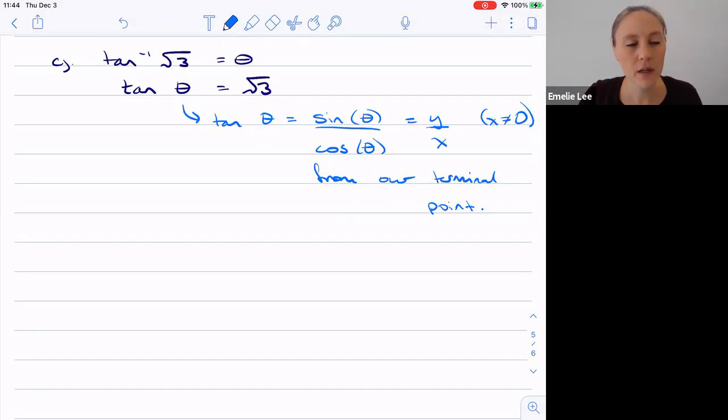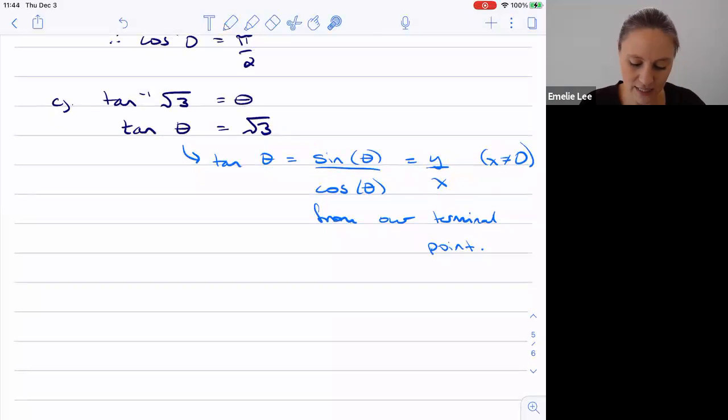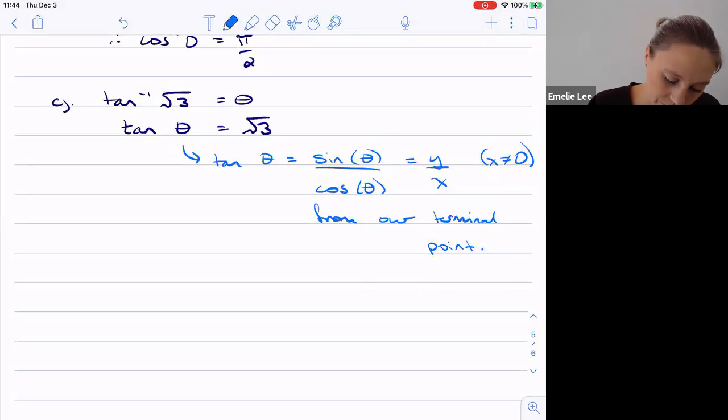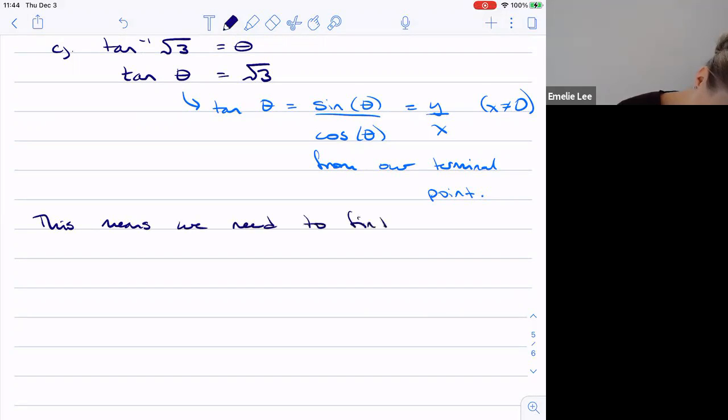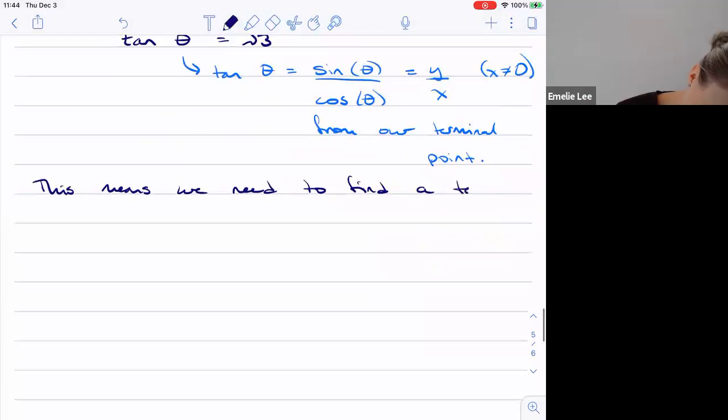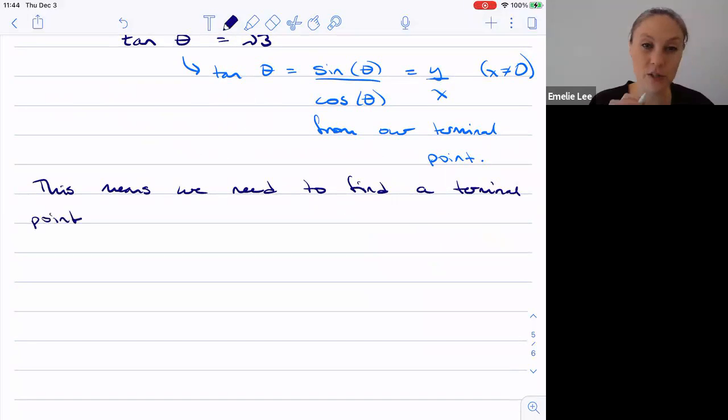Okay. So, all right. What does that mean? Well, it means that I need to find a y value over an x value where, and a lot of these are fractions, right? So where if I cancel, I end up with root 3. This means we need to find a terminal point in the restricted domain, right?